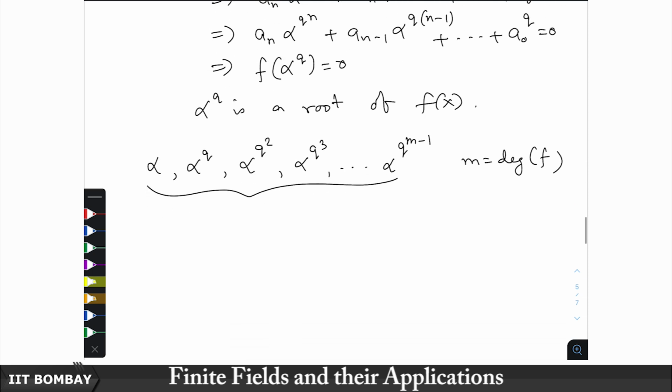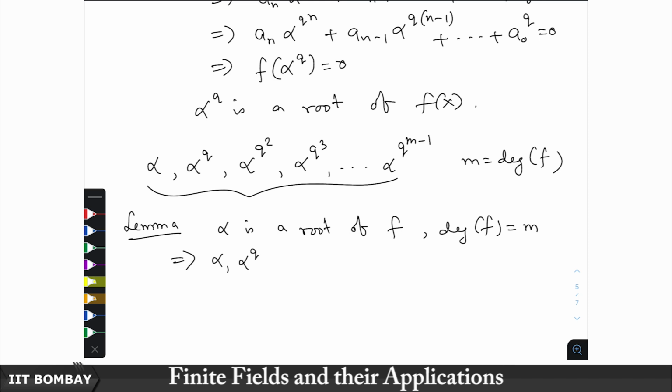So, in the next lemma we will prove exactly this: if alpha is a root of f and the degree of f is m, then alpha, alpha power q, alpha power q square, up to alpha power q power m minus 1 are the roots of f.